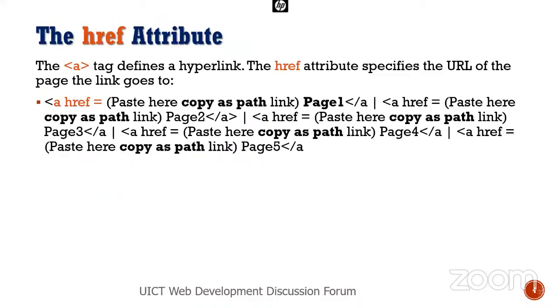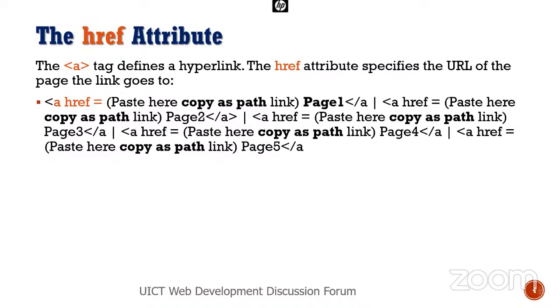Then let's look at this one. The A tag defines the hyperlink. The href attribute specifies the URL of the page the link goes to. I've pasted something here: when you open the start tag of A and then add href equals, then you paste the link we are going to copy from those pages we are linking.